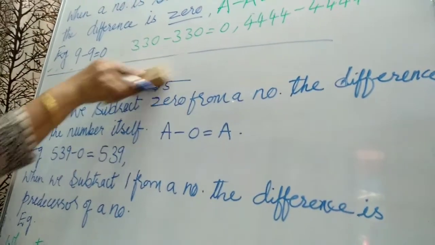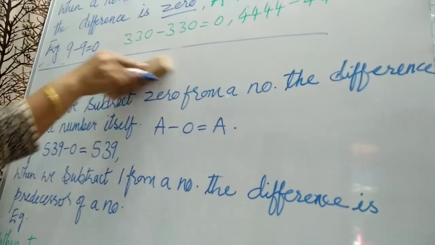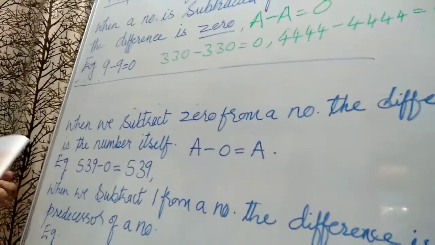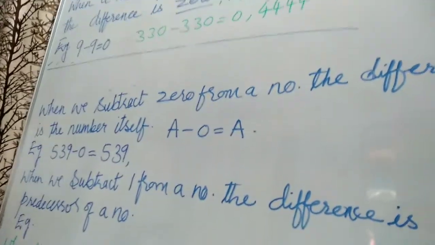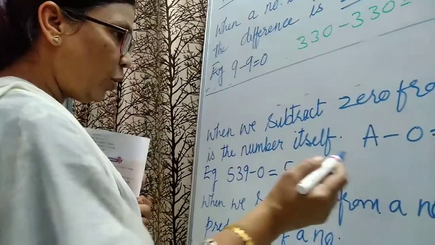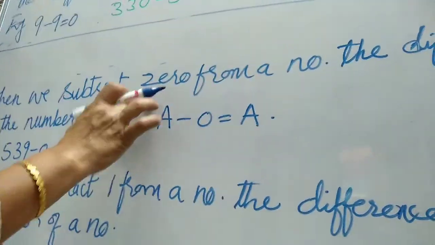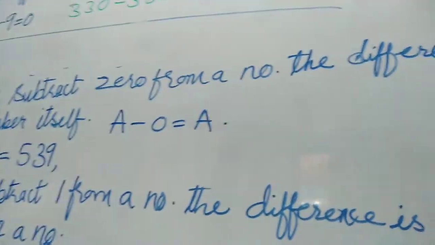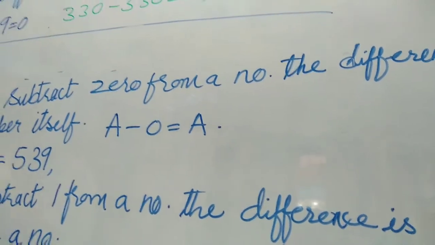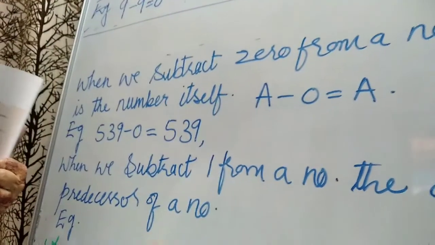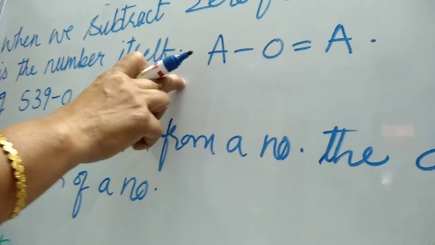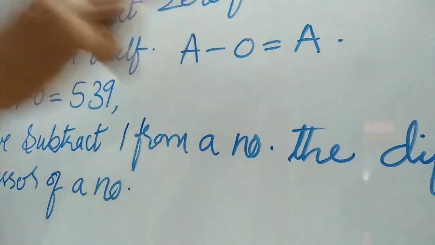Suppose 500 minus 0, 500. 600 minus 0, 600. 125 minus 0, 125 only. So this is the second property. When we subtract 0 from a number, we get the number itself. This is also called the subtraction property of 0.